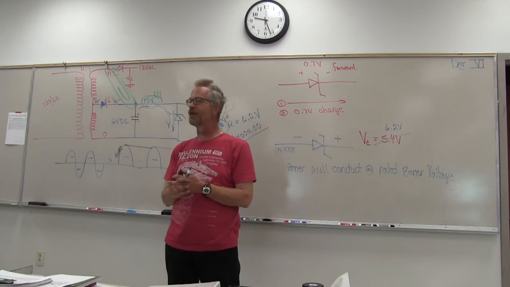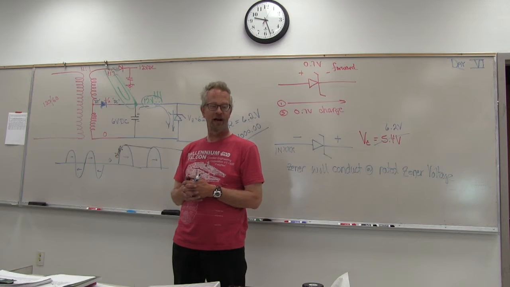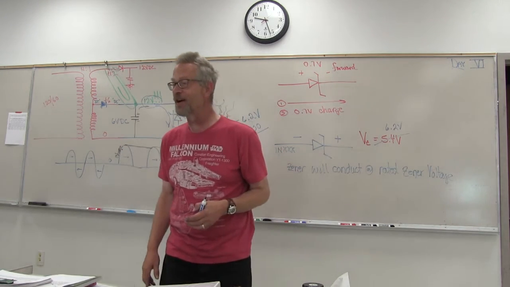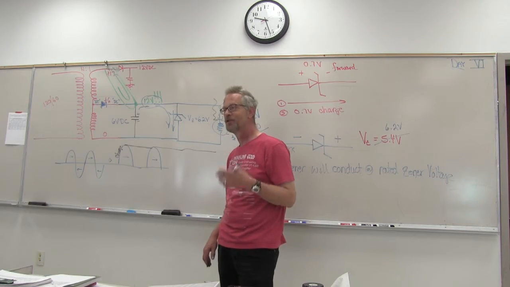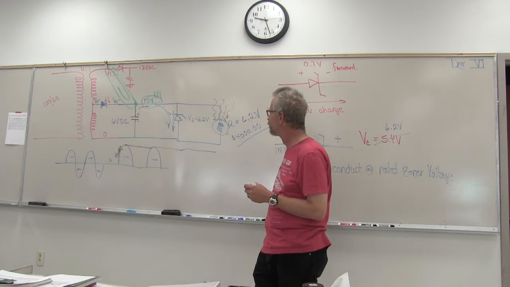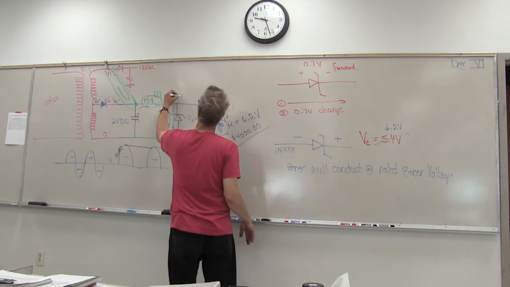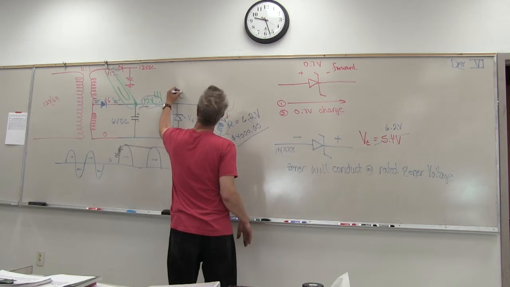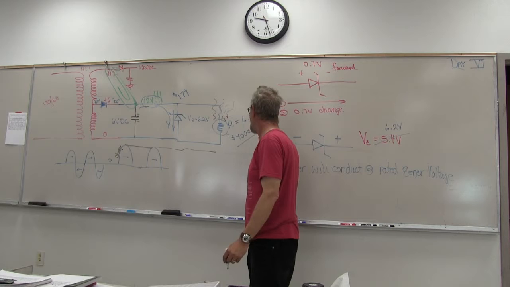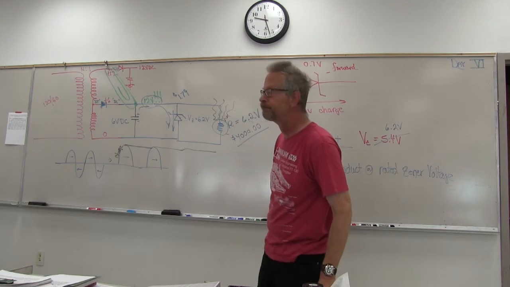If the tank is rated for 100 pounds of pressure, you have a relief valve that when it gets to 90 pounds or something, it starts to let air out of the tank to preserve that limit. Okay, so I'm going to take a $1.79 Zener diode, and I'm going to use it to protect a $4,000 piece of equipment.